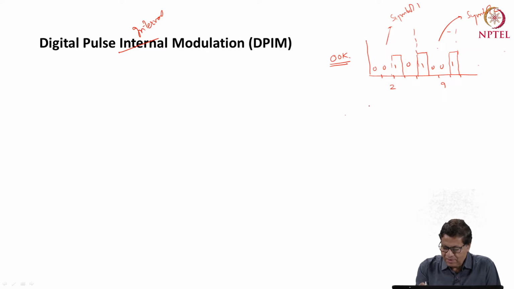And now let me draw the PPM, and then we will draw the DPIM. So this is L-PPM. In this case it will be 16-PPM because there are 4 bits in a symbol, 2 raised to the power 4. So this is symbol 1, and then you have to divide this whole thing into 16 parts.